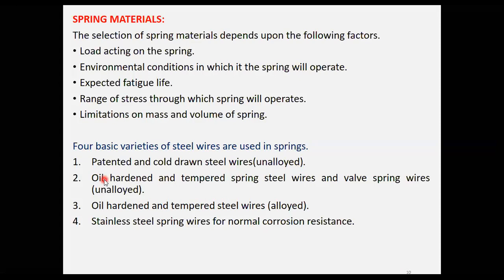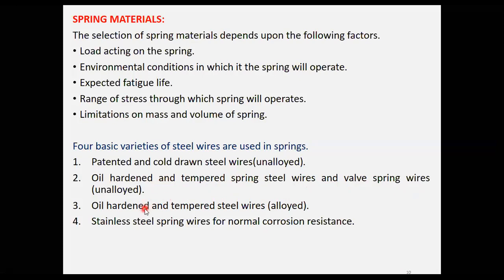The second one is oil hardened. In your metal testing lab, to increase the properties of the material, heat treatment is done. After heat treatment, either oil or water quenching is done. Similarly here, we use oil hardened and tempered spring steel wire and valve spring wires. This is the second variety.